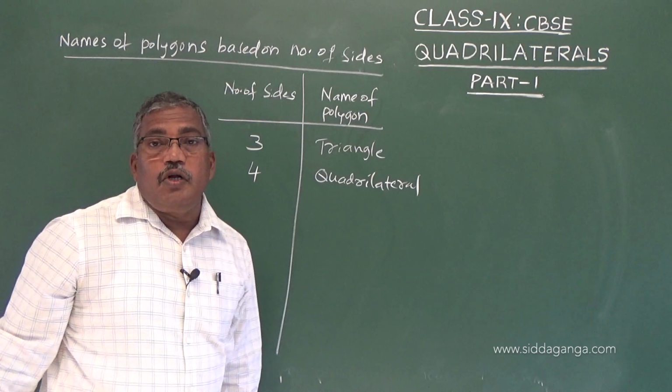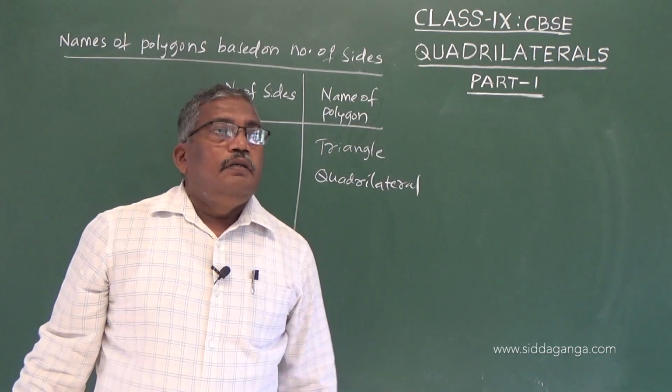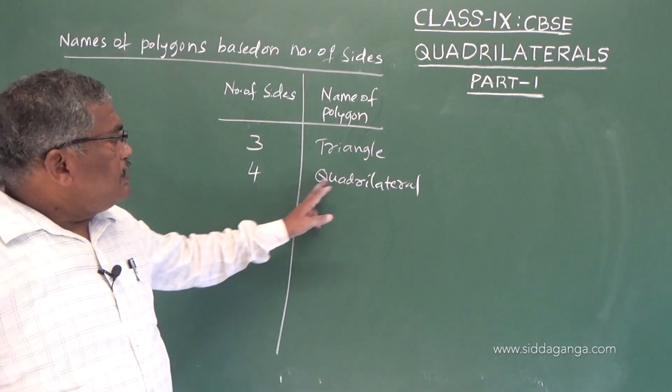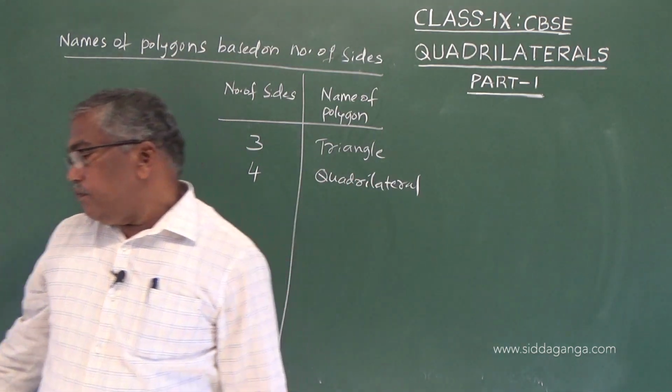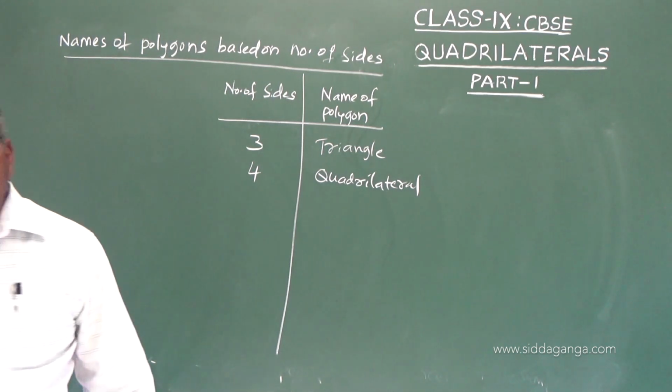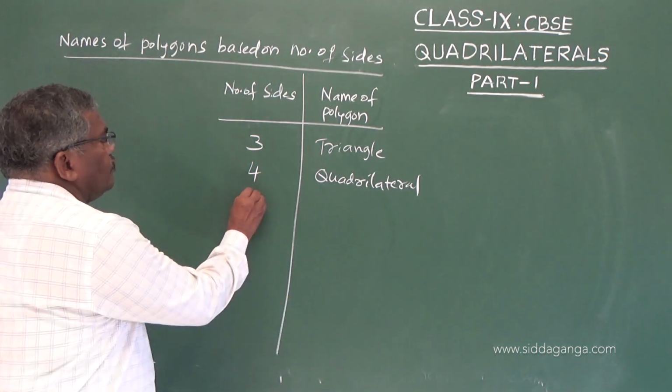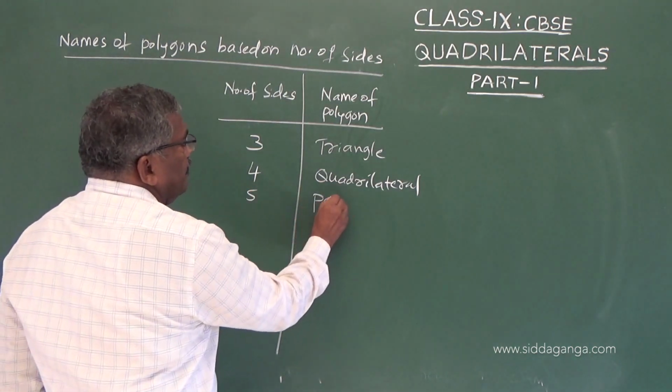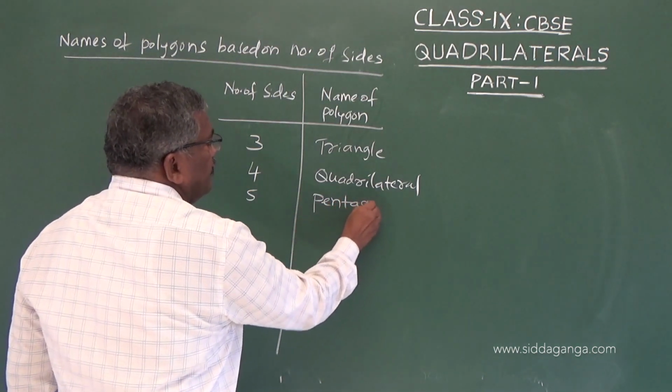Sometimes it is also called a quadrangle, but in general it is quadrilateral. 5 sides, pentagon.